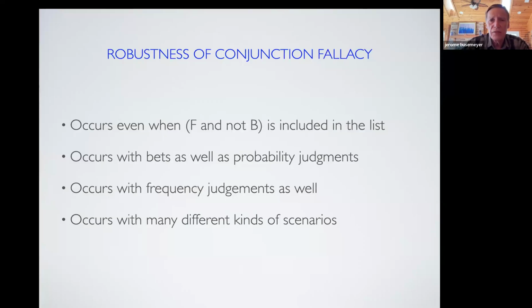So this conjunction fallacy is pretty robust. It occurs with the feminist bank teller example. It occurs when you use bets instead of probability judgments. It occurs when you use frequency judgments, and it occurs for all different kinds of scenarios.